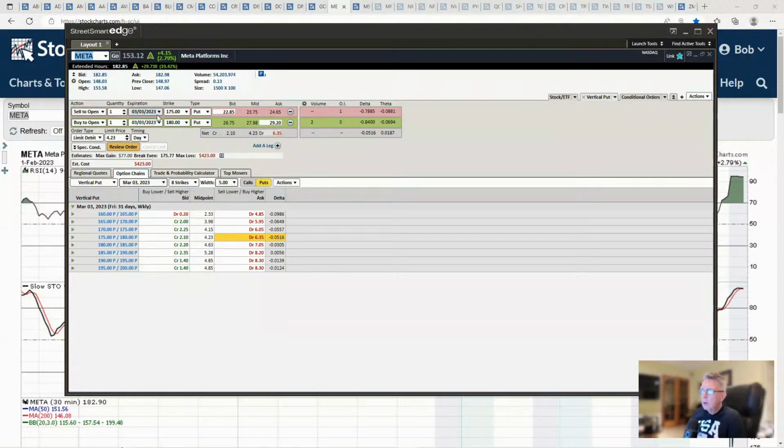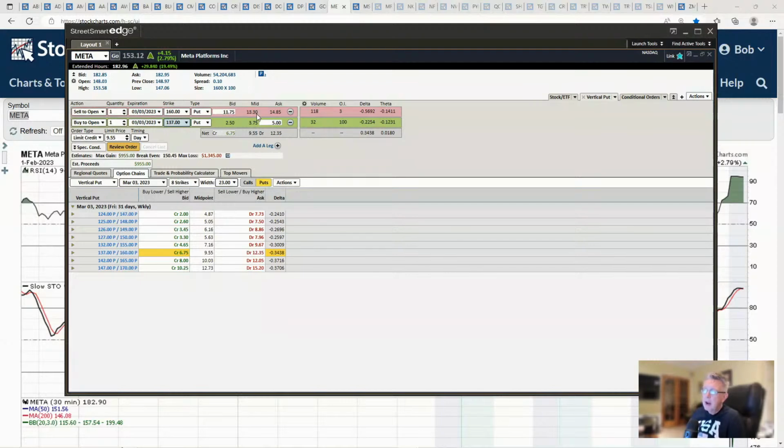So let's do a hypothetical. Let's say we close out 153 to keep this all simple. You could do a couple of things. I prefer to go deeper in the money, like a 160 put, and then sell a deeper out of the money put to help finance the trade.